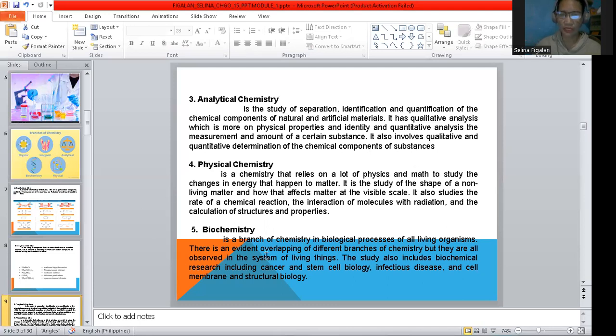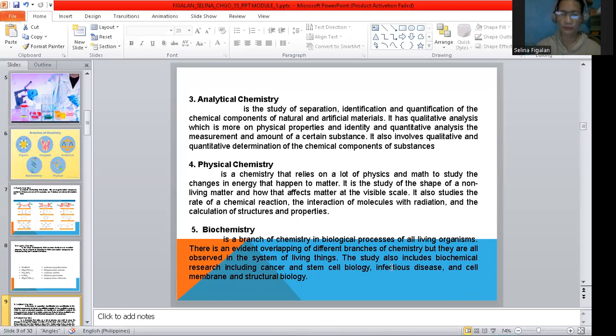Okay, when you say biochemistry, it is a branch of chemistry and biological processes of all living organisms. So which means it's a combination about life, bio means life, but it is about a branch of chemistry that, aside from living things, also has a combination of compounds under the chemistry.